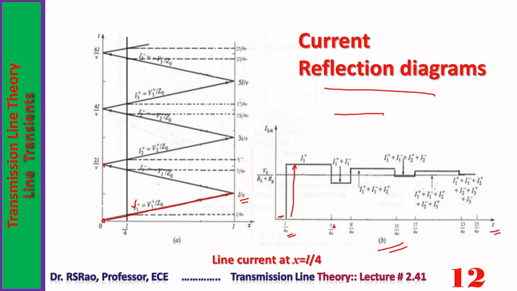As already mentioned, by following the procedure similar to that followed while sketching voltage reflection diagrams, current reflection diagrams can be obtained. Of course, to get B, first one has to sketch A. These are some of the points which I want to share with you for right now.